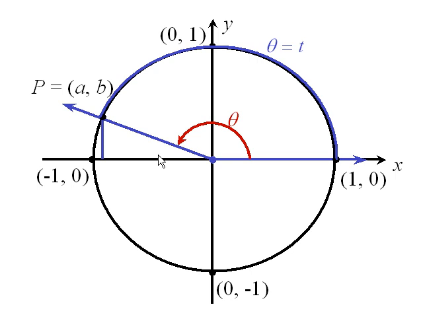Remember the ratio definitions for sine and cosine. Sine is opposite over hypotenuse. Cosine is adjacent over hypotenuse. And since the hypotenuse is the radius of the unit circle of length 1, the denominators in those ratio definitions are 1, and the numerators are the actual values of the trig functions.